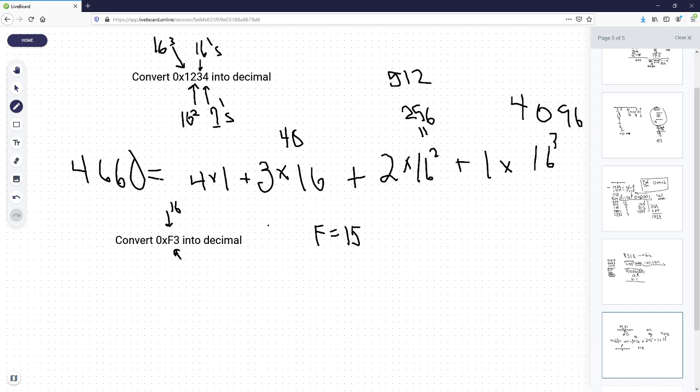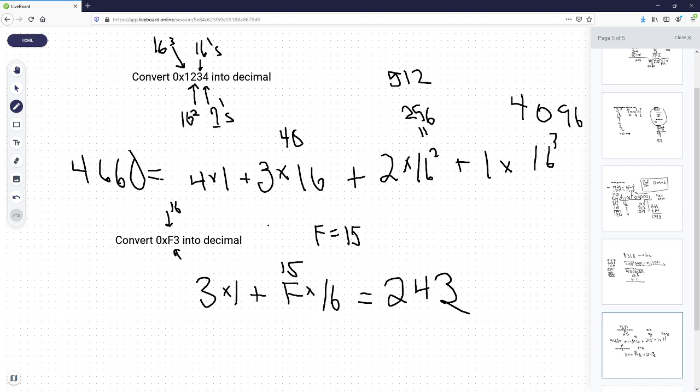So what we're going to do is write this is equal to 3 times 1 plus F, which is 15, times the 16s place. So really this is 15 times 16. And so we'll say 15 times 16 plus 3 is 243. Okay. So anyway, there we go.